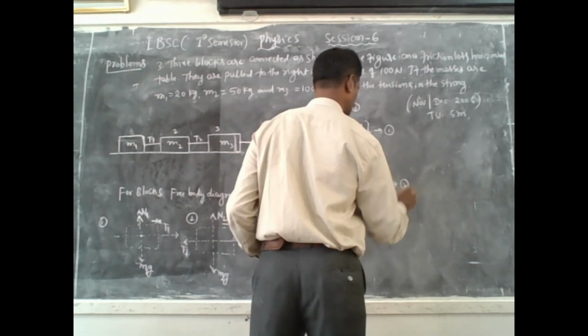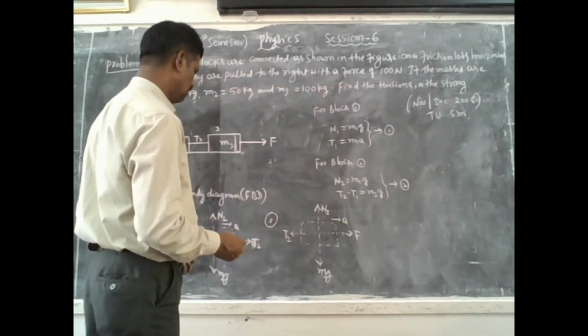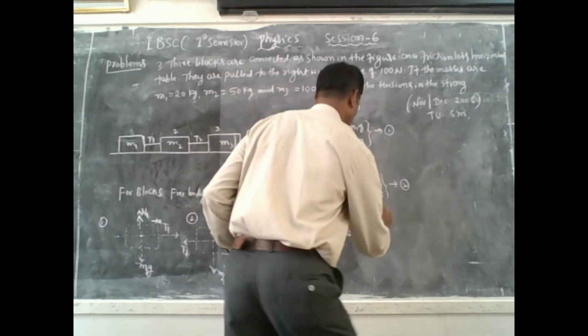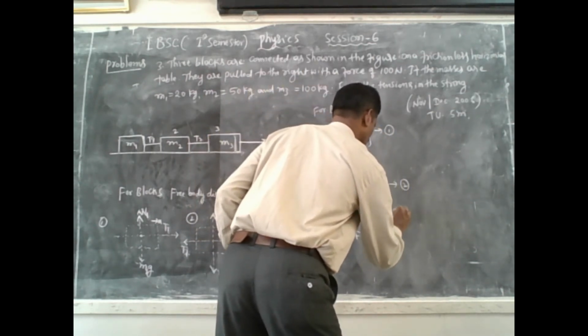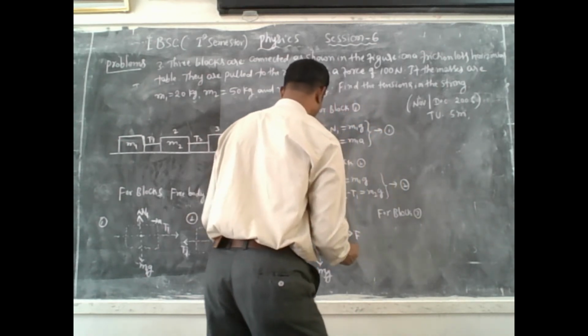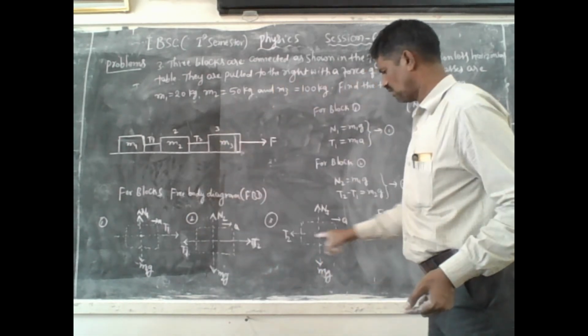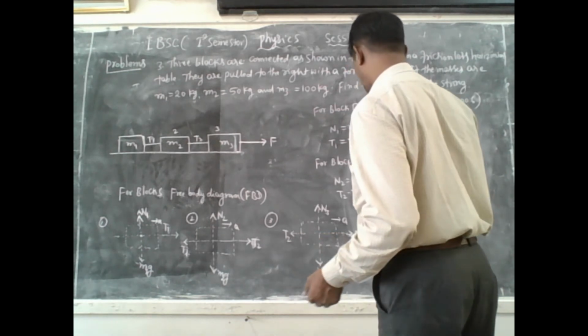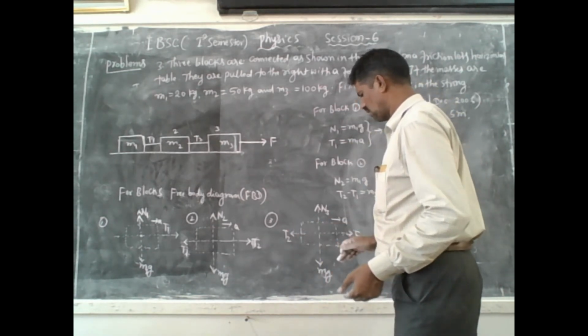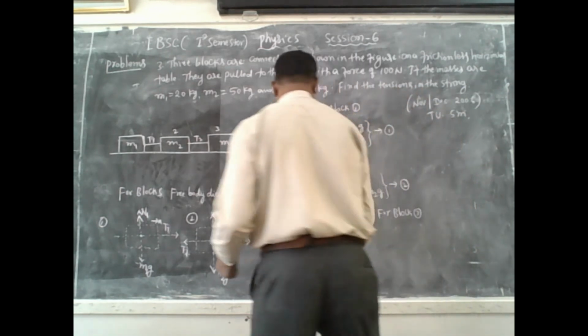Equation number 2, isn't it? And for block 3, F is greater than T2, because some forces are in the negative direction and some forces are in the positive direction.